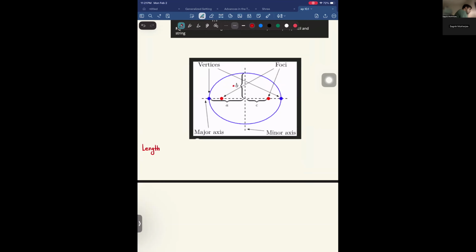Length of major axis... length of minor axis is 2b.